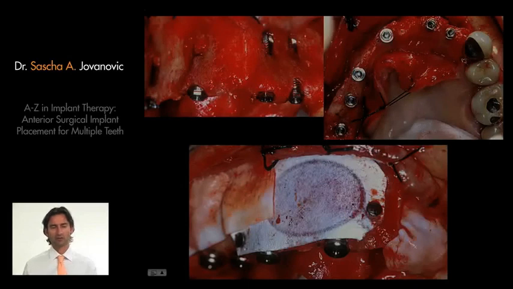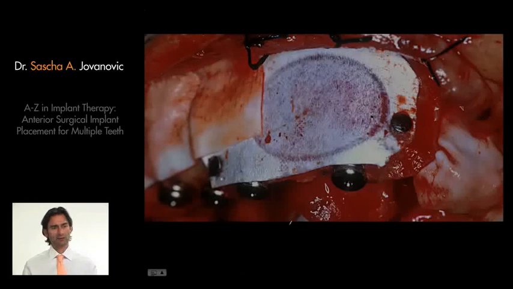And of course, the patients who don't need this are very lucky, because we can place the implants in an ideal position, and we can then go forward with the healing period for osseointegration, or sometimes even with an immediate loading concept. So here we are, now ready for healing, and here's the overall treatment.